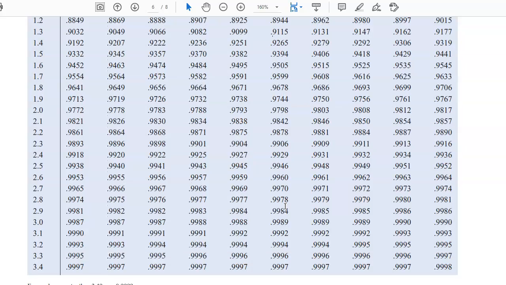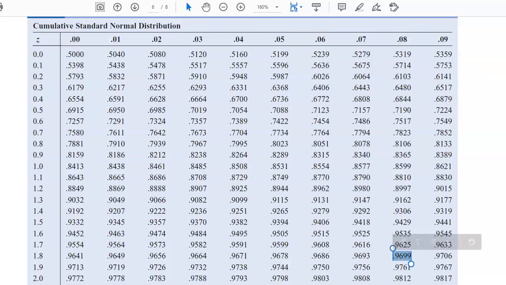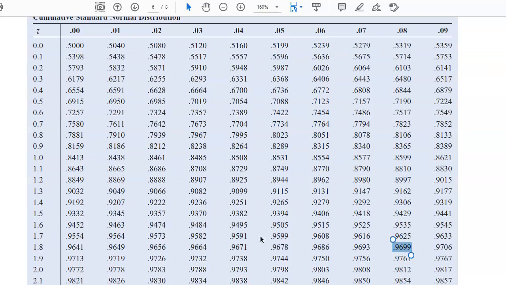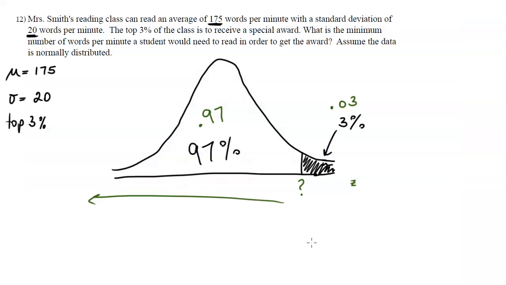So let's look for 0.97, as close to it as we can get. 0.9719, 0.9713, 0.9706, 0.96. This is as close to 0.97 as we can get, 0.9699. Okay? The z-value that gives us that, 1.88. You see that? 1.88. 0.9699. 1.88.